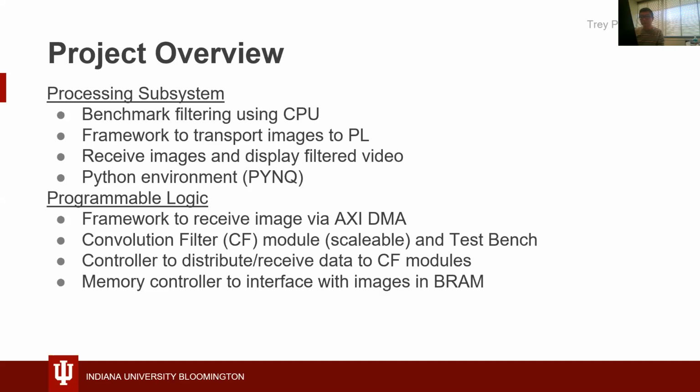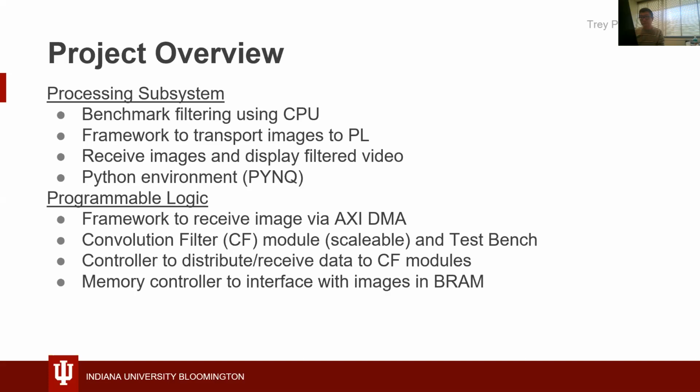Then we would want to set up the front end, a way to ship these images or subsets of images into the programmable logic. That would be through AXI4 and then into a DMA. So we would have to investigate how to interact with an AXI bus and then how to build that up to interact with.